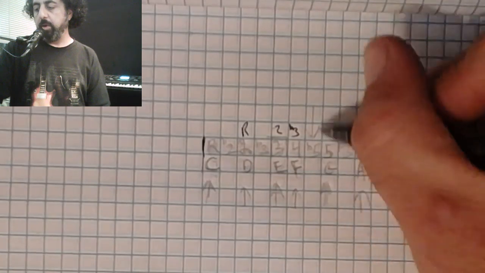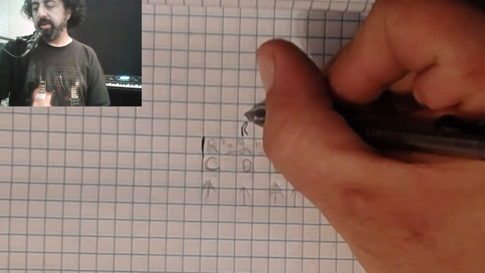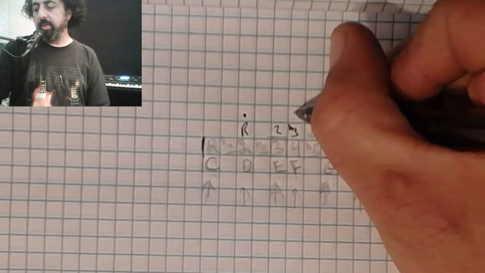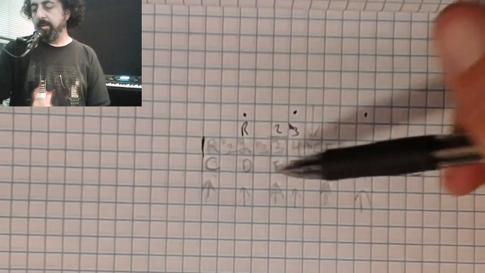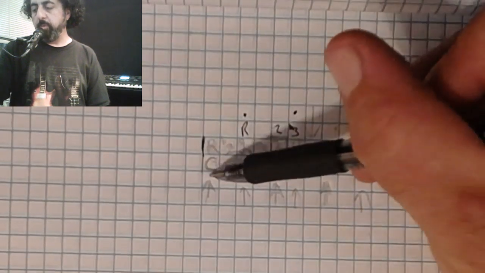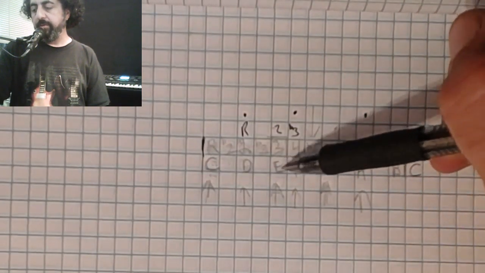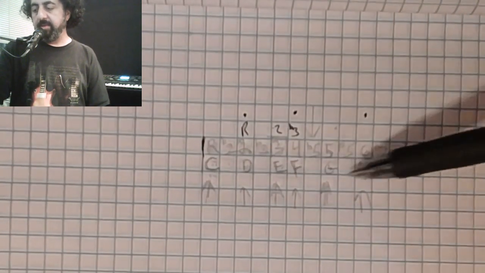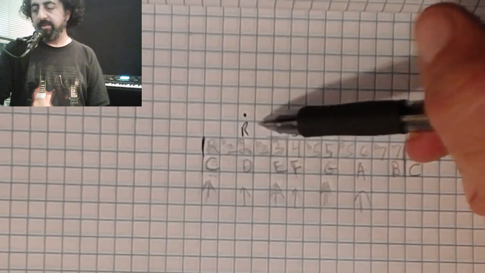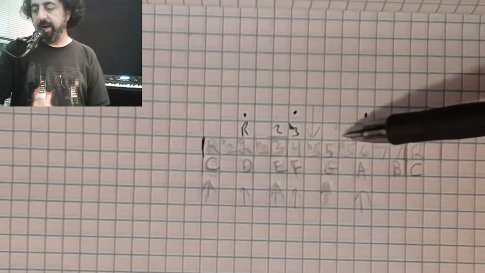See, we have no arrow on the third. So basically, D is using the F and the A. And from C to G, we have 1, 2, 3, 4, 5, 6, 7 boxes. From D to A, we should have the same 7 boxes. 1, 2, 3, 4, 5, 6, 7.